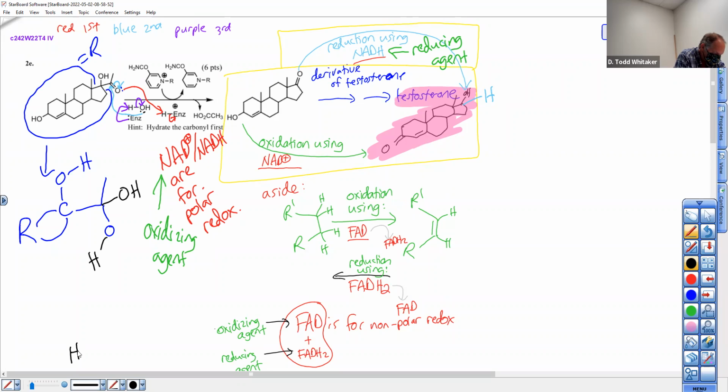H is bonded to O, O is bonded to C. Sometimes it just helps to think about how do I get from that to this, because that's just HO2CCH3 right there. What happened to this H? It's H attached to O. When I see it gone, I always think acid-base. And I know I used ENDs, but you have ENDs available as many times as you want. ENDs is your base.